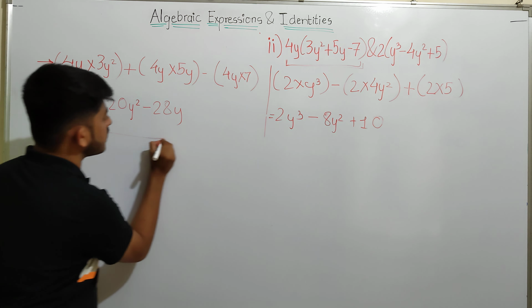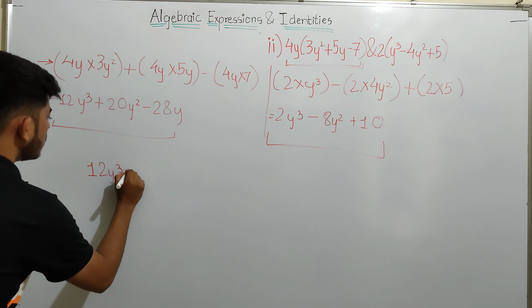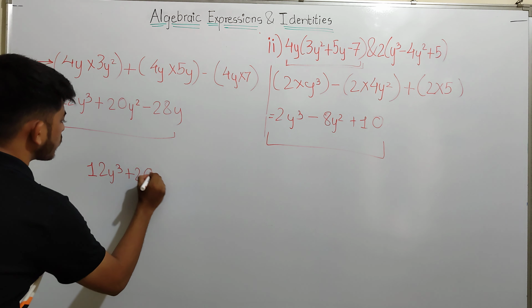Now, adding 12y cube plus 20y square minus 28y, right? Adding this term into this term. Add these terms. Now see here, 2y cube minus 8y square plus 10.